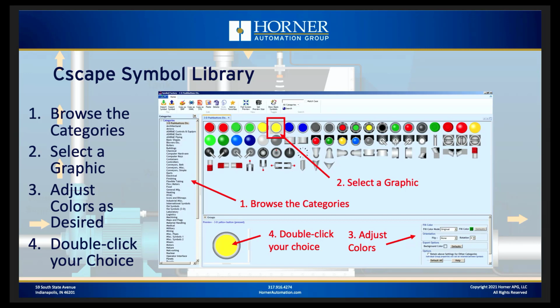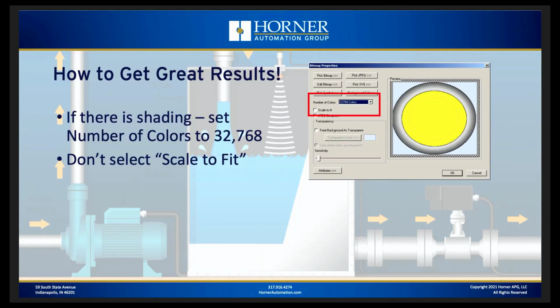Not only do you pick the symbol that you want, but you can also recolor it if you need to do that, all from within the symbol library window. And then when you're done and it's looking the way you want, you double click on the item and it takes you back into Cscape, and then you finish the configuration process, which is identical to what it was when you were just doing a static bitmap, picking a BMP or a JPEG file.